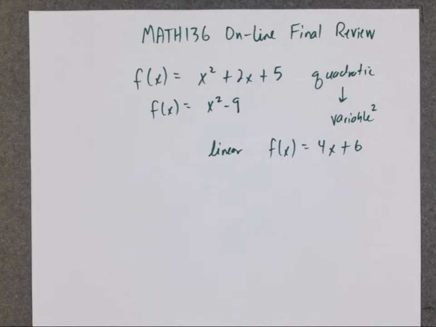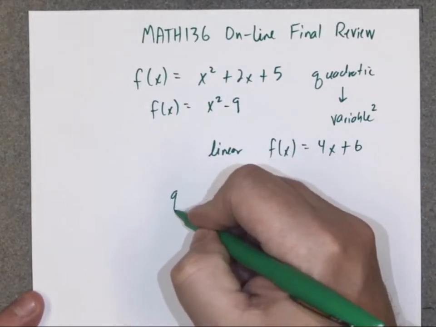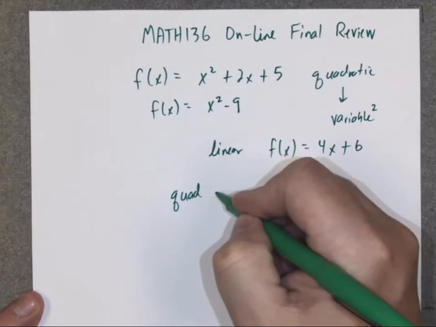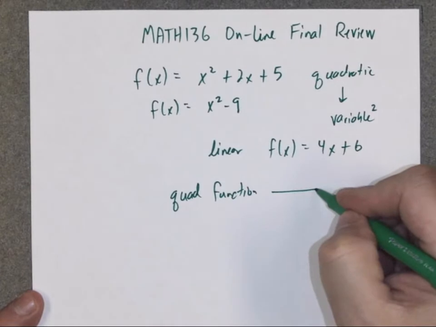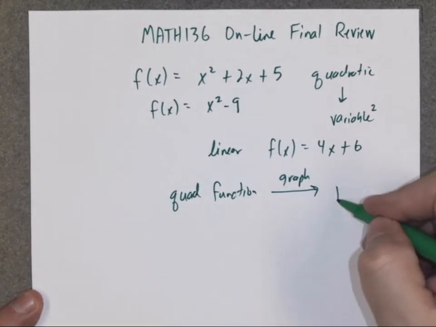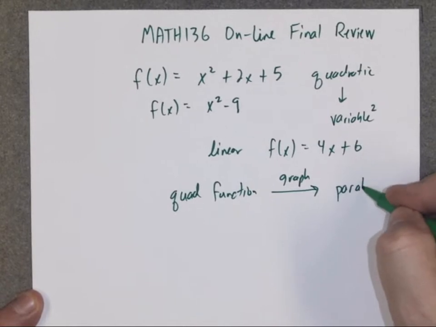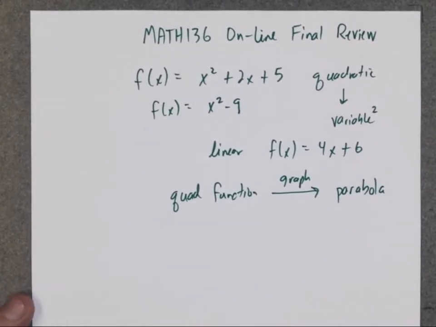Now, one of the important things that you studied in this class was that when you take a quadratic function and then you graph it, it ends up being what we call a parabola.